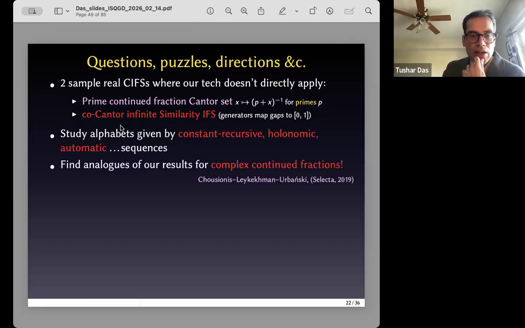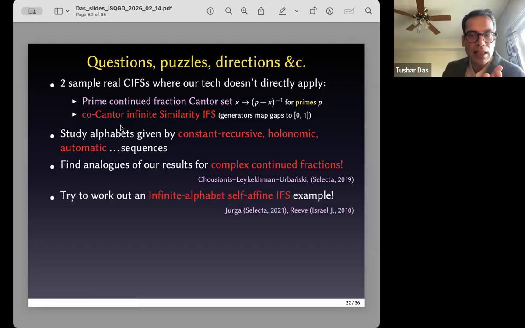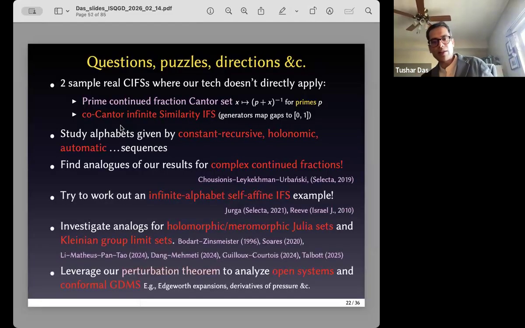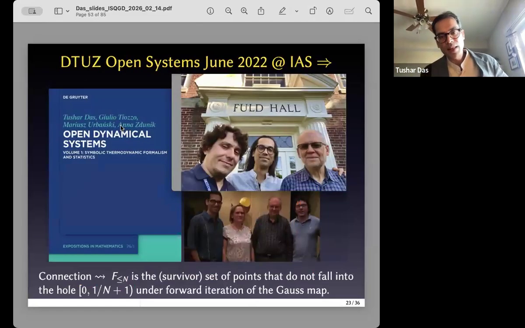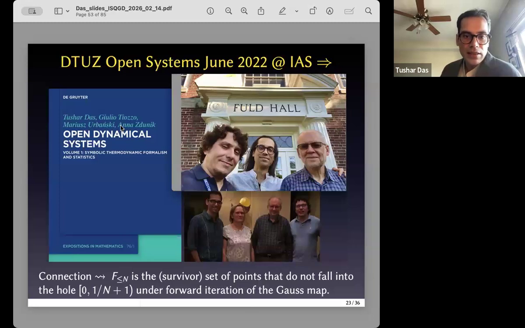So I'm running out of time, but there are several other examples to talk about here. And maybe I'll just end with a project that I'm working on with my friends here, Anna Zunik, Giulio Tiozzo, and Mario Shurbansky. We took this example of the Hausdorff dimension of F less than or equal to n, and we tried to generalize it to the setting of open dynamical systems.